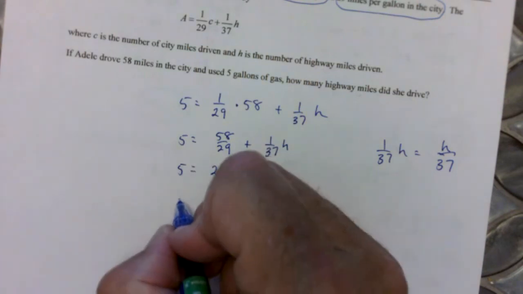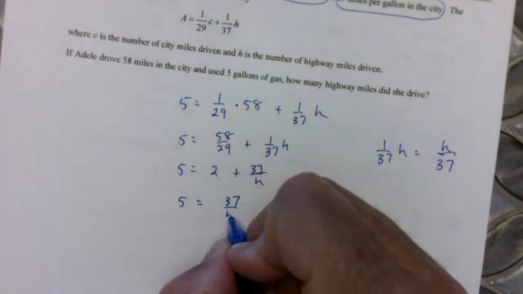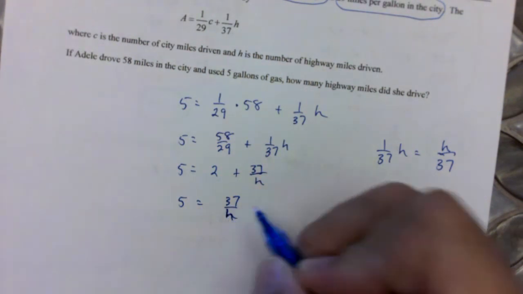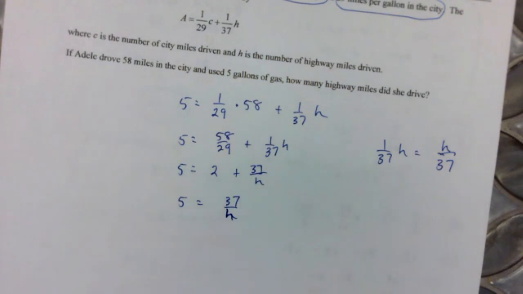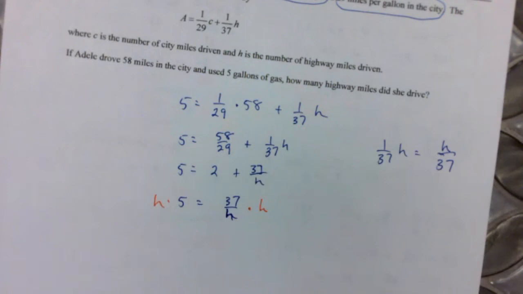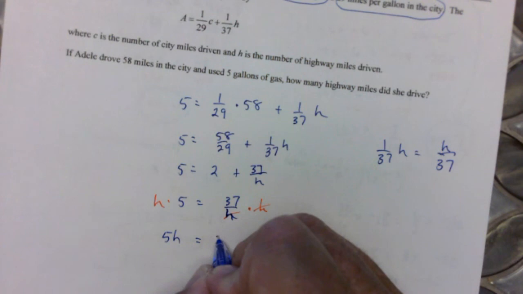Next step quickly is to subtract 2. I want to get rid of that denominator. My denominator is H. So just like I did with a regular number, I'm going to multiply both sides by that. Over here, they cancel. 5H equals 37.